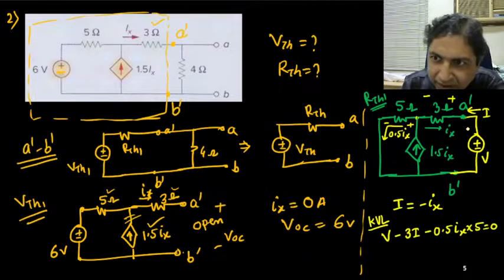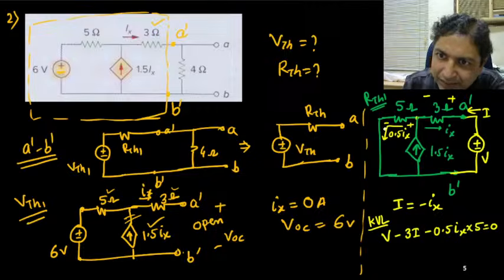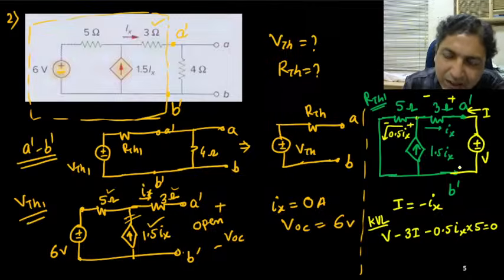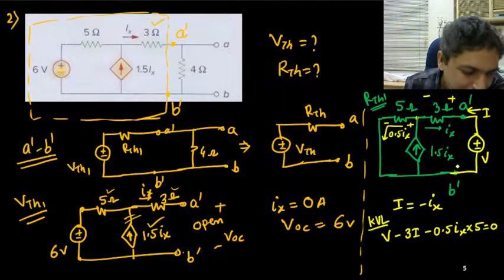I am considering this bigger loop. This is a voltage source, this is a resistance, this is a resistance, and this is a loop. This bigger loop is sometimes called a super mesh. So actually I am considering the super mesh concept.